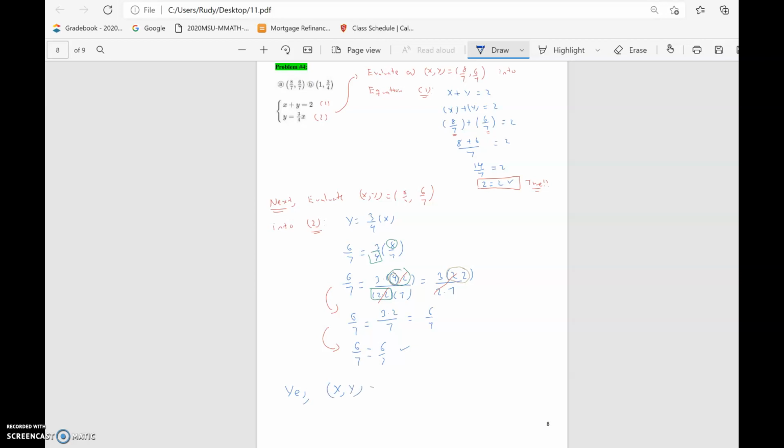x comma y, which is 8/7 comma 6/7, is a solution to the actual system. Our system was x plus y is equal to 2, y is equal to 3/4 of x.